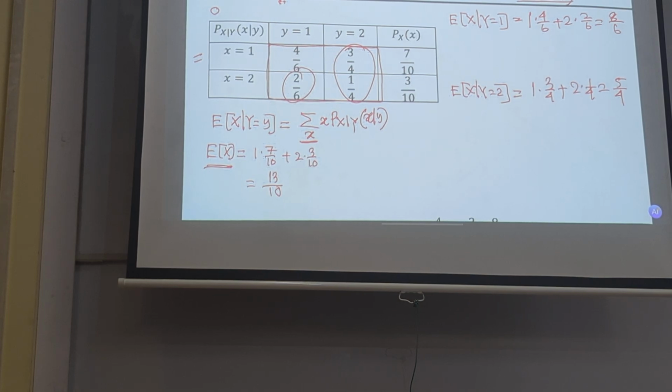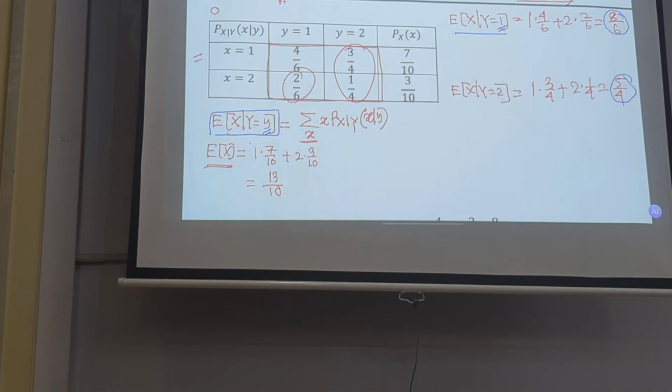We have been telling this since the beginning of chapter 2. Is it okay or not? The expected value of a random variable is a constant. The conditional expectation of a random variable is also constant? Yes. This one, is it constant? No. As y changes, when y equal to 1, this quantity is what? When y is equal to 2, this quantity changes.